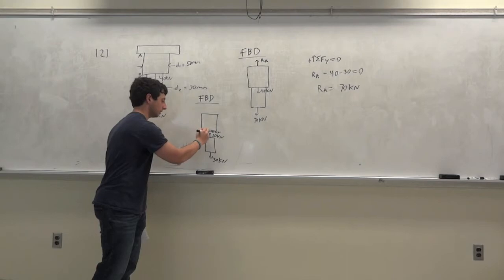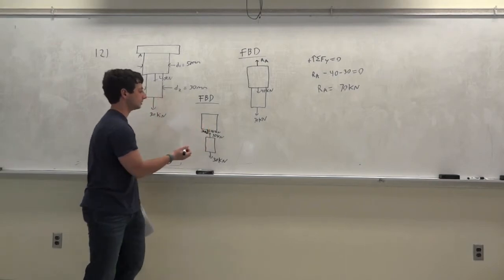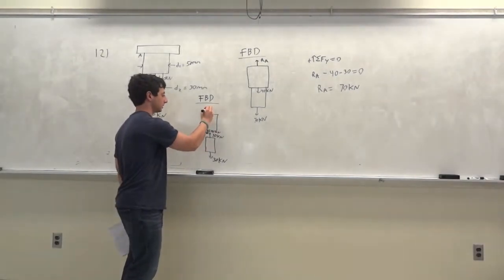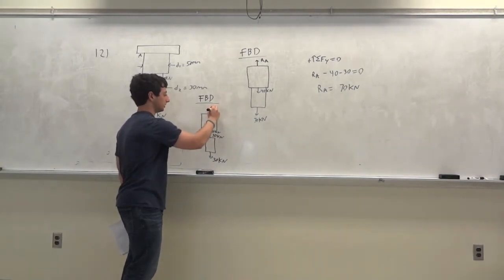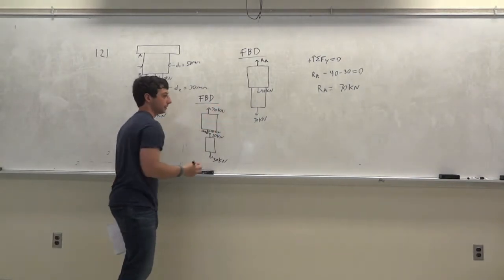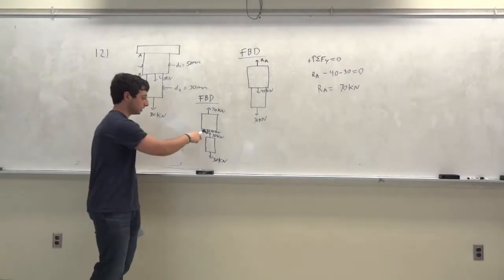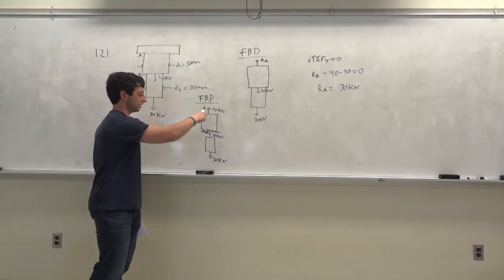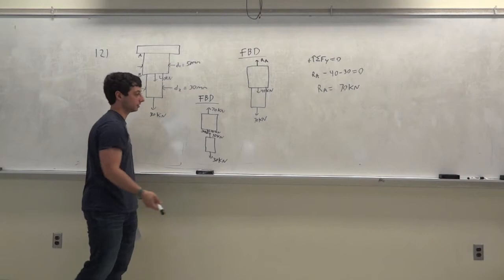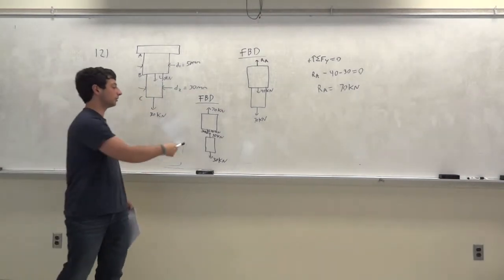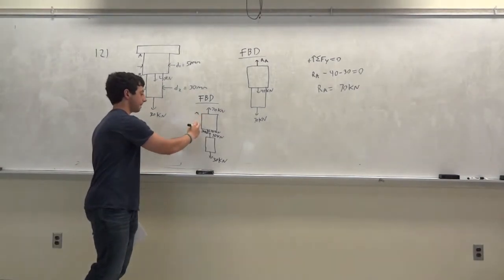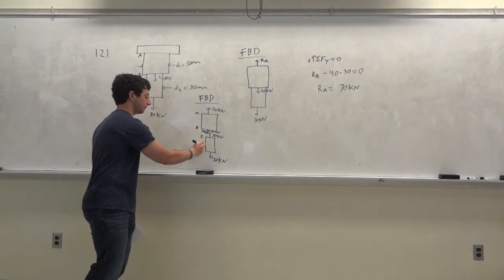There's also a 30 kilonewton force, because it has to be in equilibrium. We discussed that this reaction force is 70 kilonewtons, so we should have 70 on this side and 70 on this side, 30 on this side, 30. So they're in static equilibrium, and you know the forces on rod AB and BC.